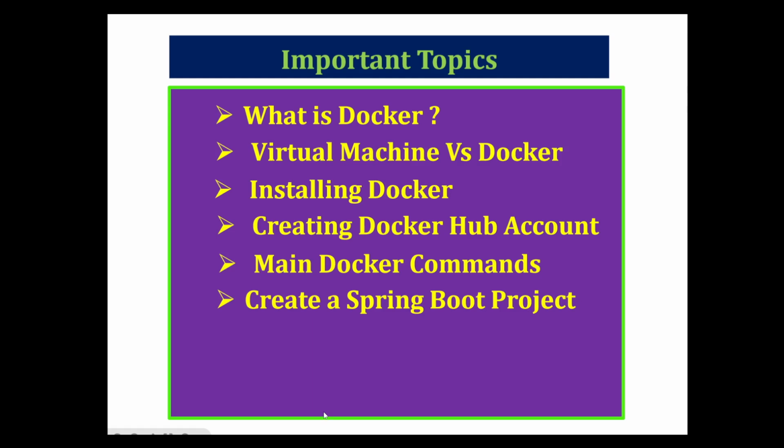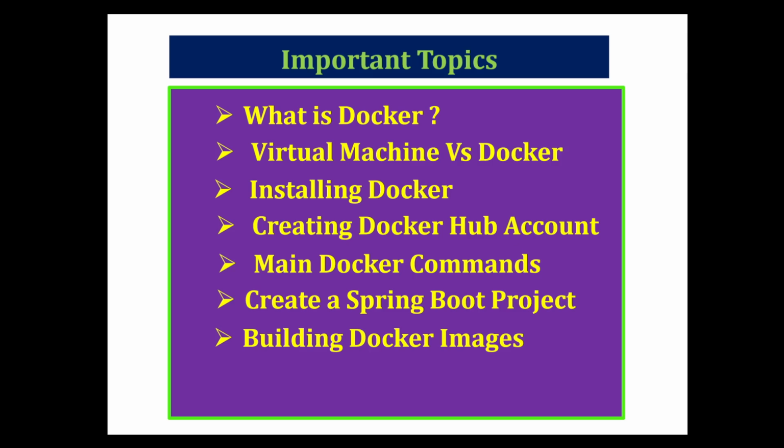Now, once we complete our Spring Boot project, we need to Dockerize it. For that, we are going to create one Dockerfile, and inside that Dockerfile, we are going to include the Docker container definition. So we are going to include the content so that the Docker engine will come to know how it is going to create a container out of that Dockerfile. So whatever we mention inside the Dockerfile, accordingly the Docker engine will create a container.